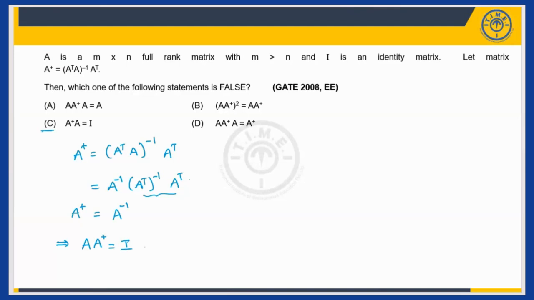And A into A plus whole square is A into A plus, so even B is true. And we are stuck with A and D.